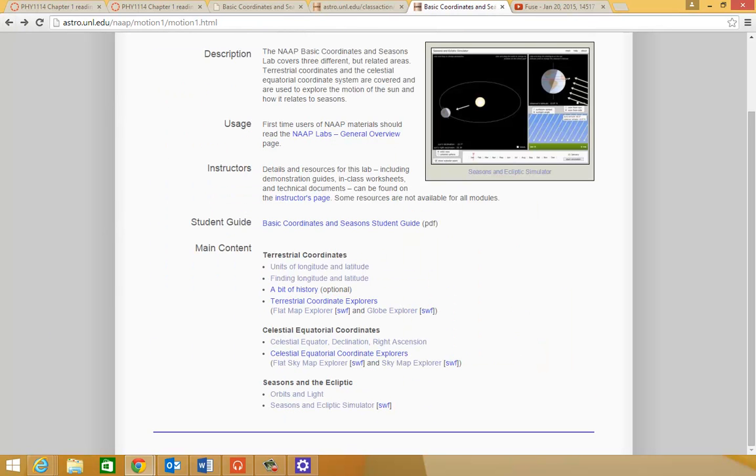The third question is a graph that you need to interpret, and it does require a little bit of explanation. So where you would need to go for questions both 3 and 4, my suggestion is to go to the Celestial Flat Sky Map Explorer.